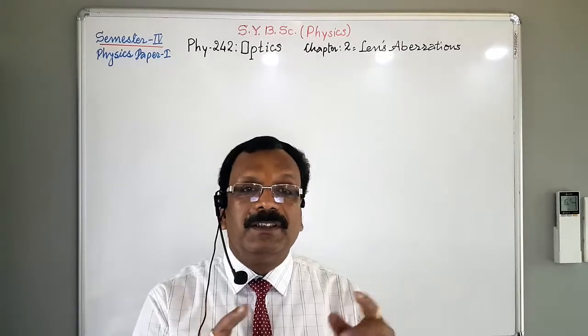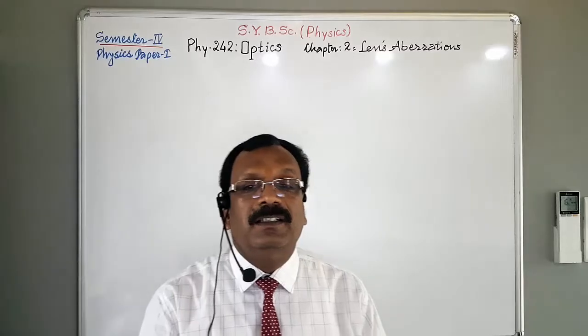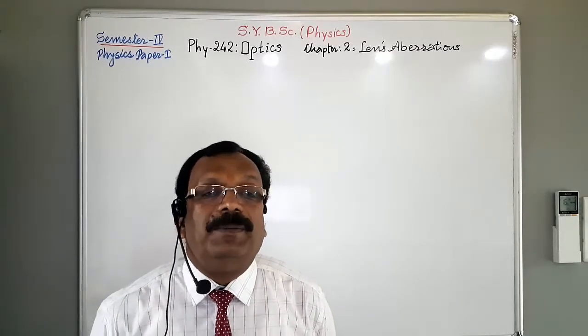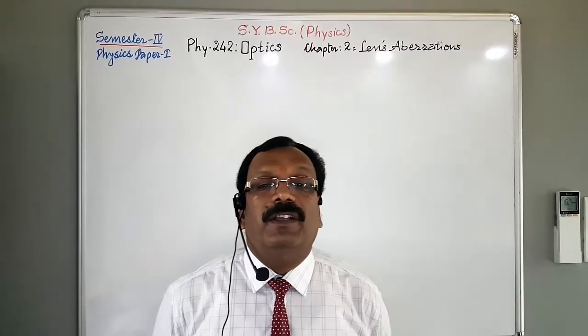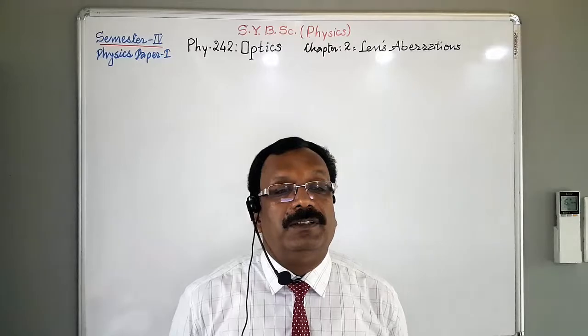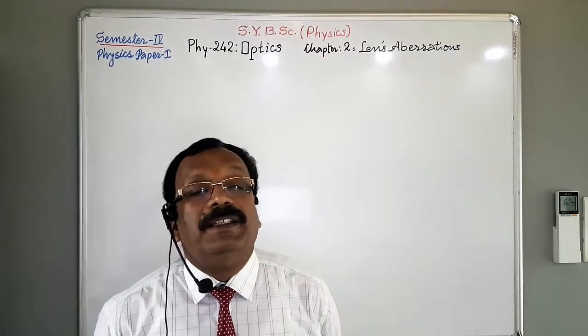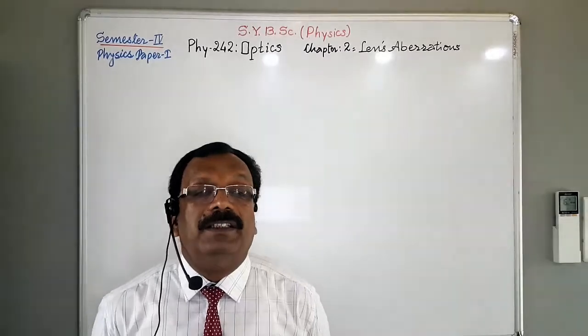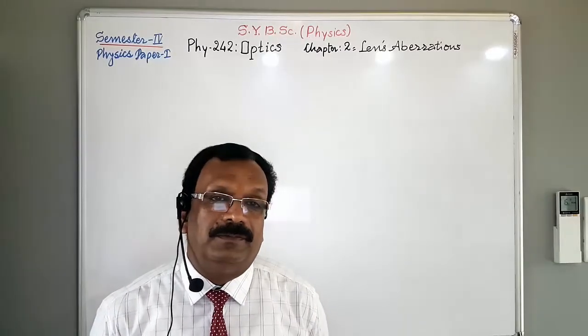Comet shape means a shape like an egg. So if the point object is situated off the principal axis, the lens forms a comet-like image in place of the point object. This defect in the image is called coma.